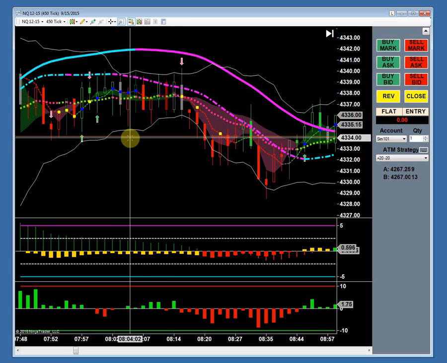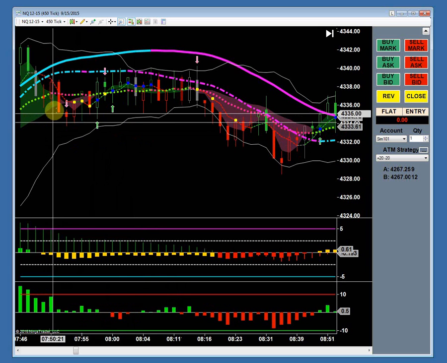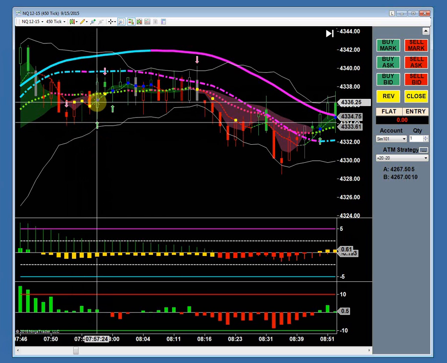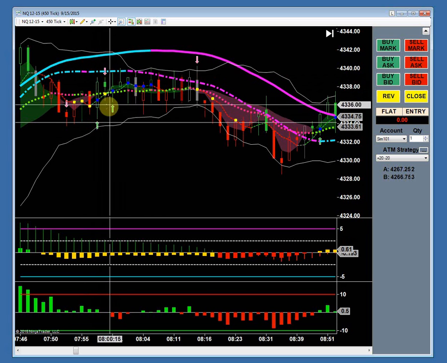And at first, I didn't like it either. I thought I wanted to make it tighter and all this, but the 450 ticks is beautiful, and I'll show you why right here. You can see with sell arrow, yellow dots, green, blue dots, counter arrow.